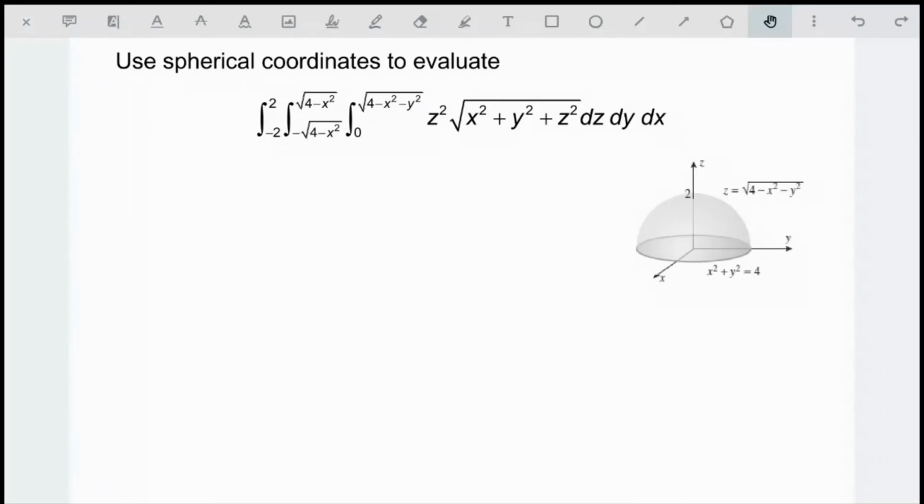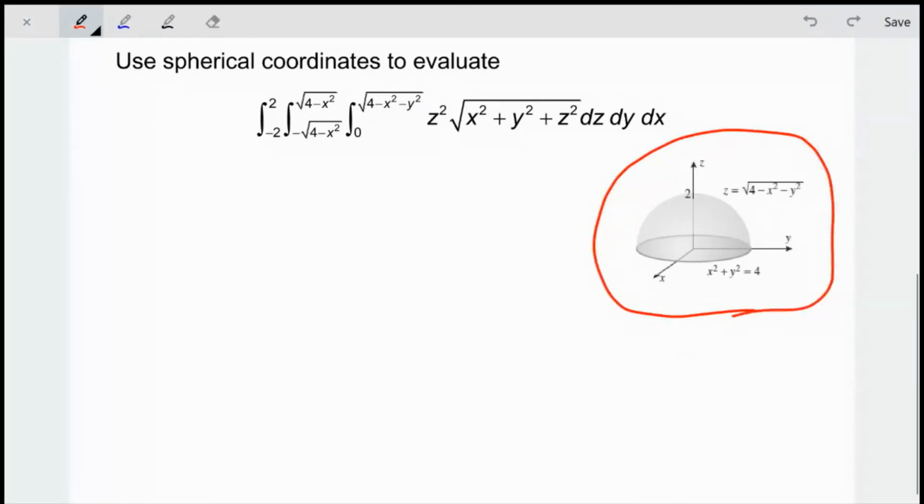And then notice your setup here is again given, so you can kind of see how your rho, your phi, and your theta are going to be bounded based on that diagram. So what I want you to do is take a couple of minutes, try to set this one up, and then solve it out. So pause the video, and when you come back, I'll show you the solution.